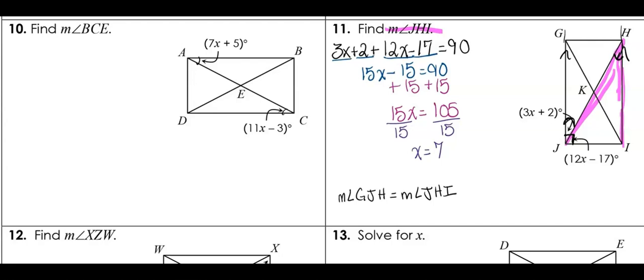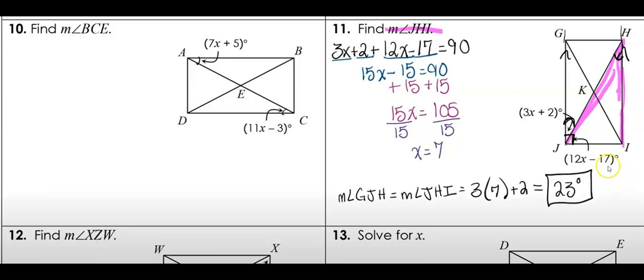To find that missing angle measure, JHI, we're going to plug that x value into what GJH is, which is 3 times 7 plus 2, and that's going to equal 23 degrees. Sorry, I had to change my pen there. Again, since they are alternate interior angles, they're going to be congruent. So if GJH is 23, JHI will also be 23 degrees.